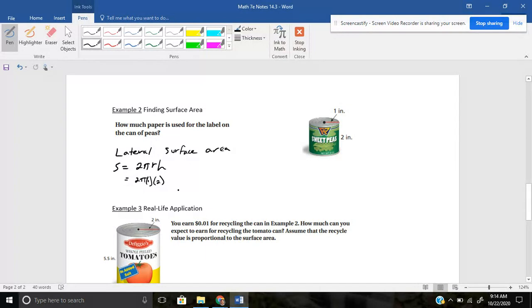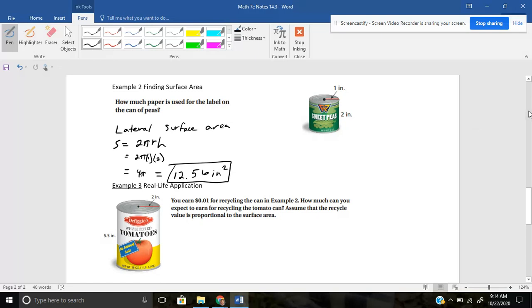So 2 times 1 is 2, times 2 is 4. So this is 4 pi, which if you multiply 4 times 3.14, you should get about 12.56. And we're in inches, so inches squared for the lateral surface area of that label.